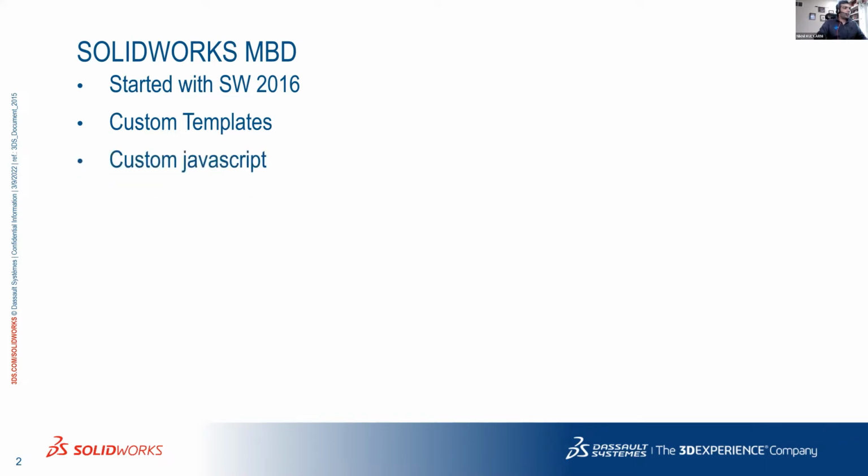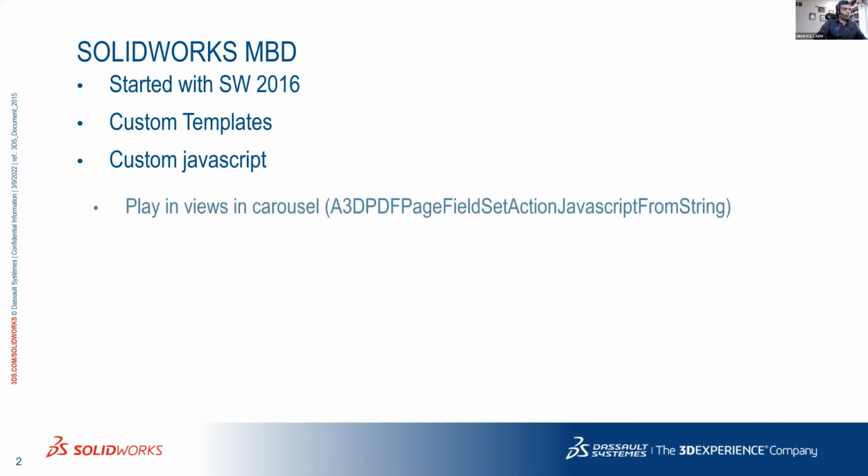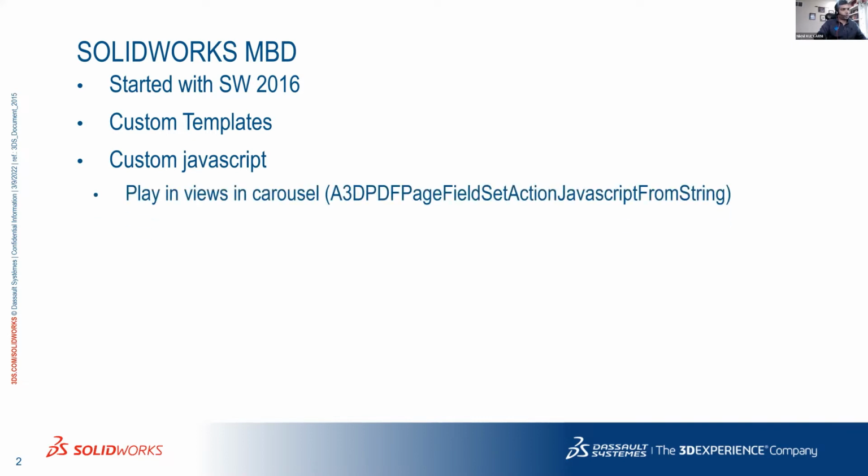The third thing that I will show is the custom JavaScripts that we used to achieve some interactions in the PDF document itself. One of them is play-in views. That's a huge API, but it's assigning a JavaScript to a particular button in the view carousel to play it over and over.